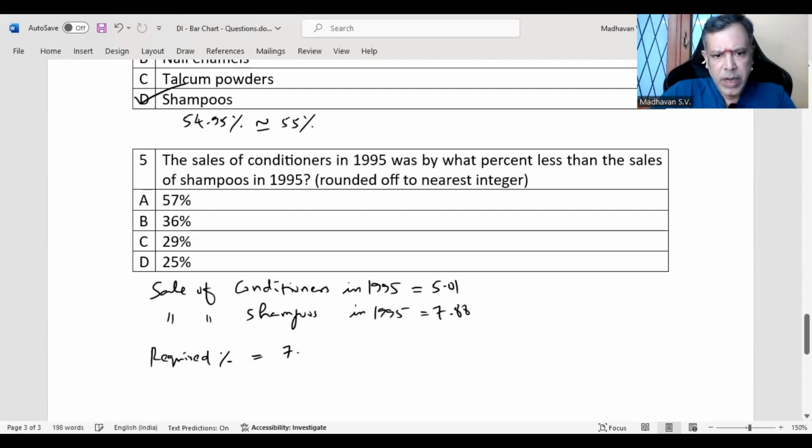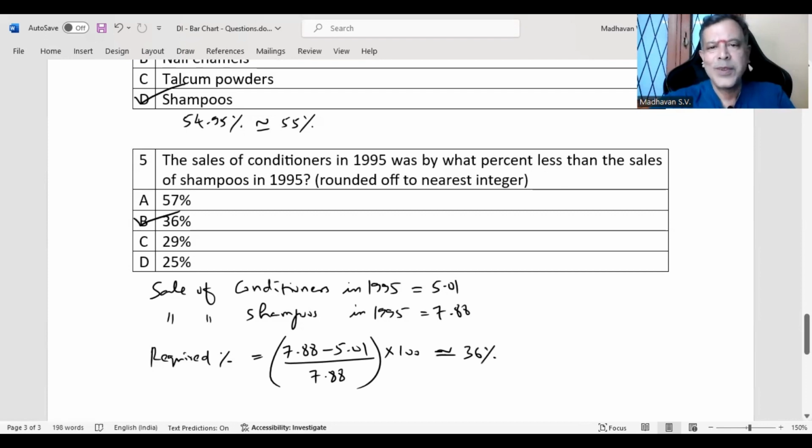Means 7.88 minus 5.01 divided by shampoo sales in the denominator, which is 7.88 multiplied by 100. If we calculate this, it will approximately work out to 36%, which means our correct option is option B. That is the solution for all these 5 questions.